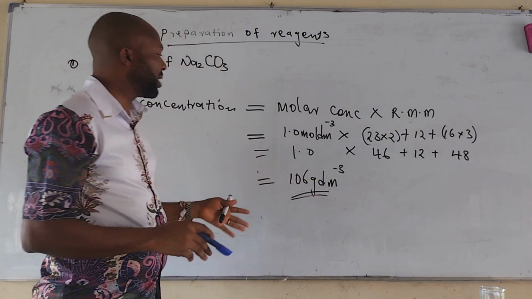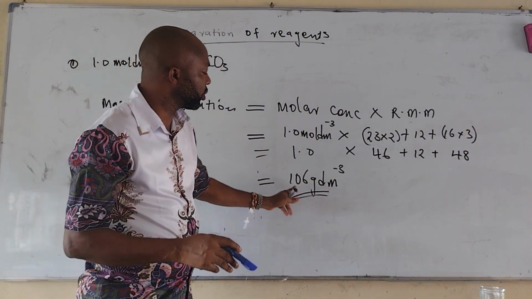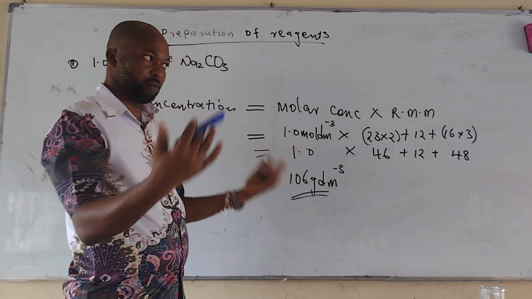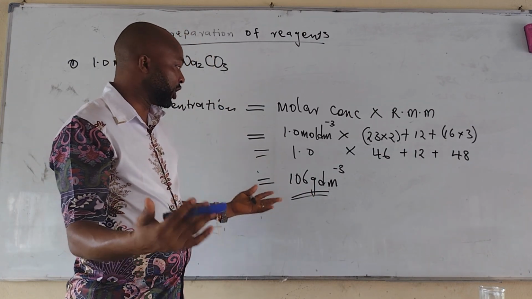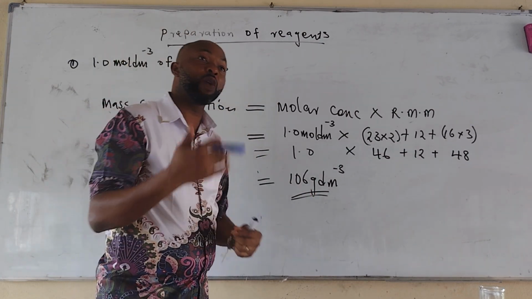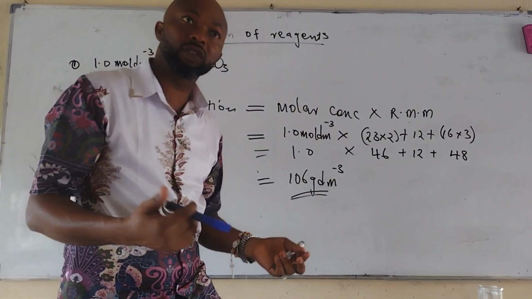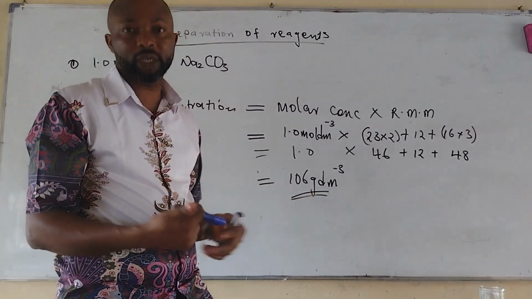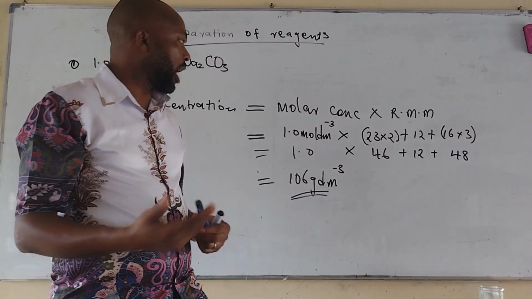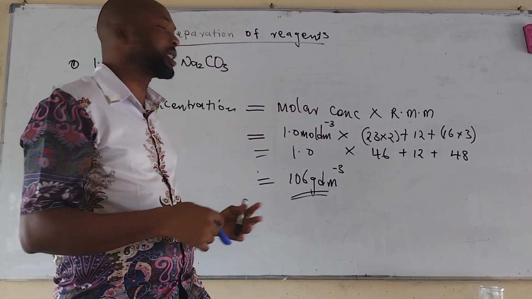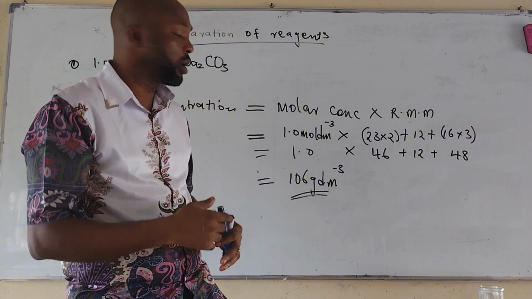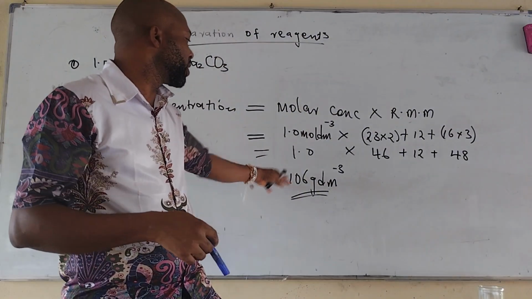So it means that I will be measuring 106 grams, using the weighing balance, and dissolving it in 1 dm cube of water. 1 dm cube is 1000 ml of distilled water. Since 106 seems to be a very big number, what do we do? We reduce this.